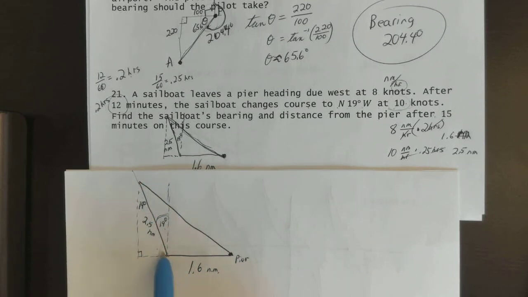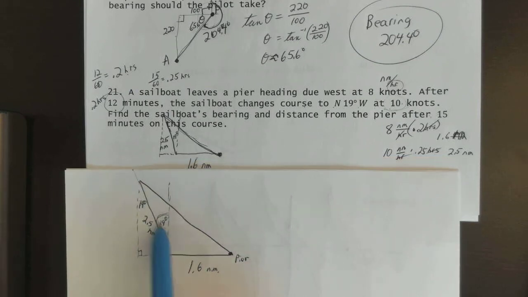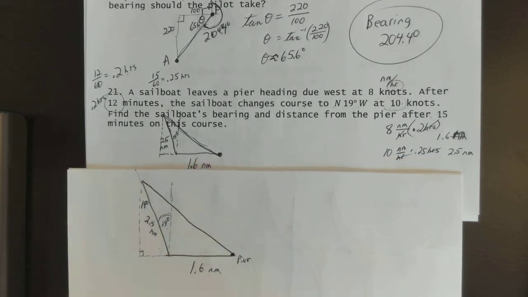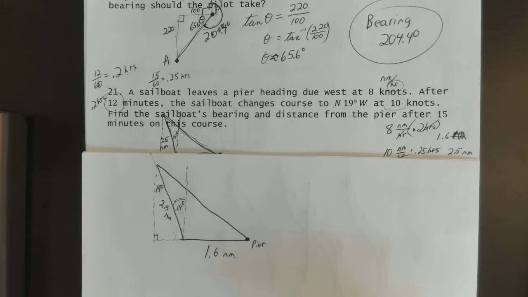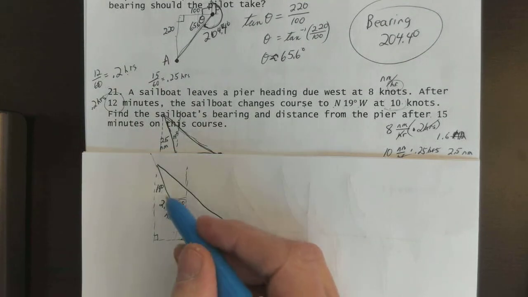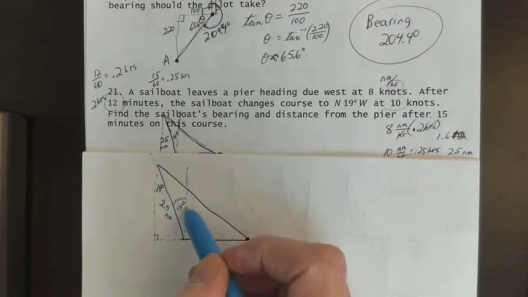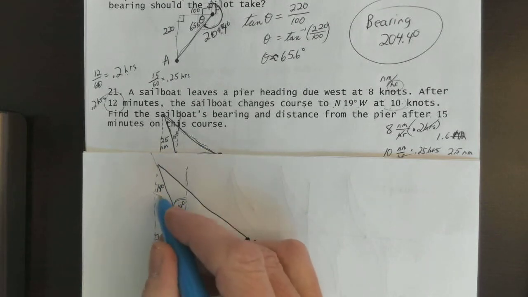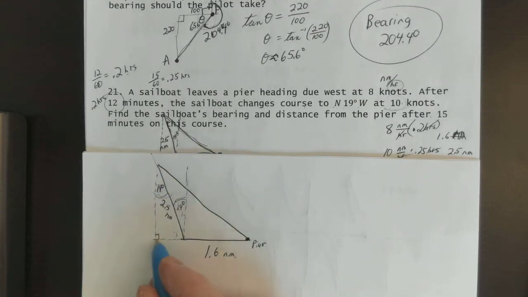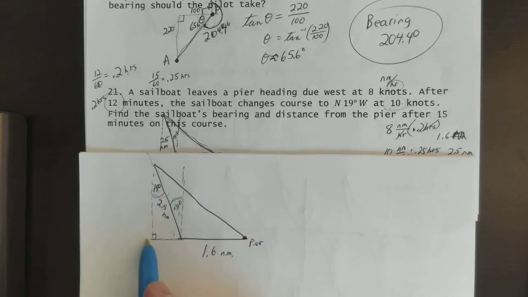Parallel, when a transversal cuts parallel lines, these two angles are congruent, and I forget the name of it. Mr. Madigan will be mad at me. But these two angles are the same. Or we could say this is a 71 degree angle. I'm just going to stick with this 19 degree angle here. Figure out this so that I can make my right triangle, and then we'll worry about this angle here in a minute.